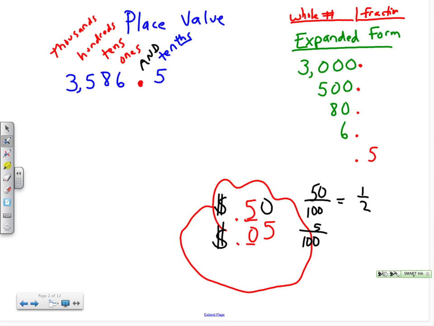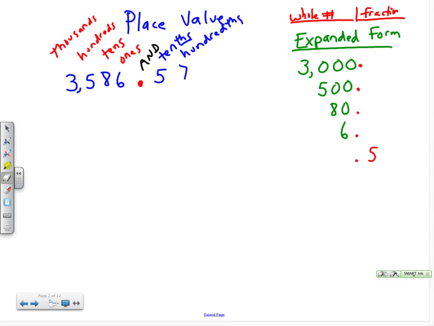Okay, so I'm going to look back up here at my chart and write the next place value, which is hundredths. So if I were to put, let's say, a 7 in the hundredths spot, I'm going to get rid of this. You didn't have to write this down, it was just to give you an idea of decimals in money. If I were to write my 7 in my expanded form, the 7 is in the hundredths place, so its value is really 7 hundredths.